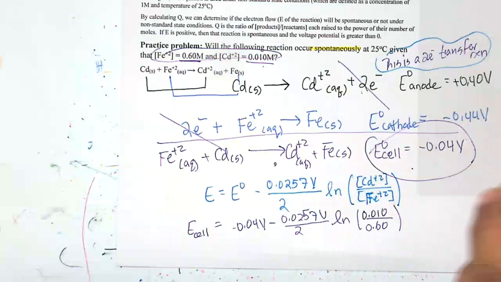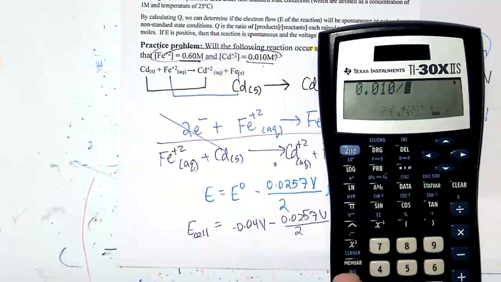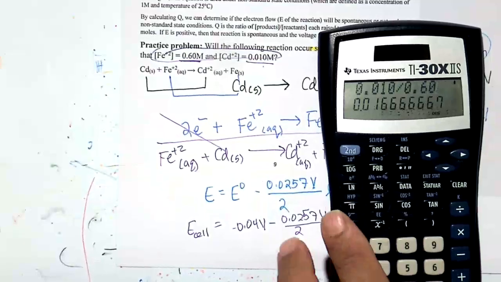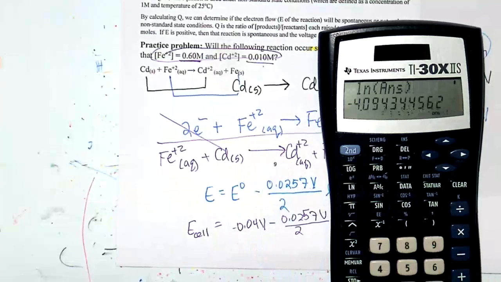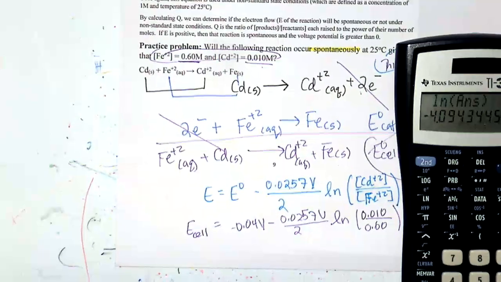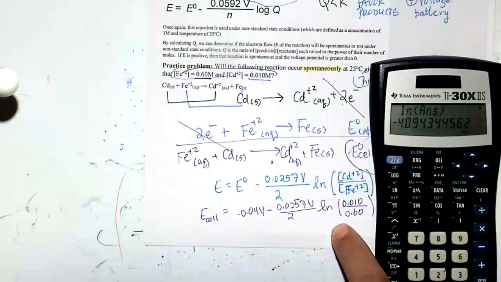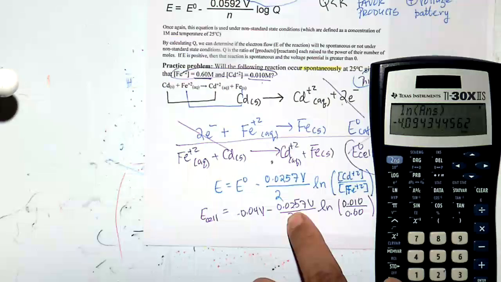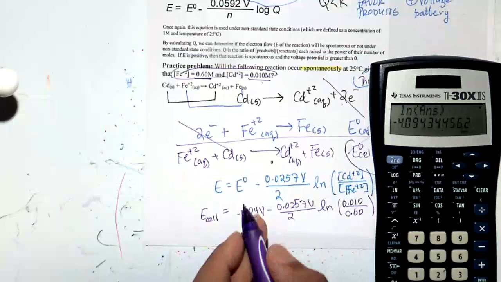All right, 0.01 divided by 0.6, and we will take the natural log of it. Natural log of this is this crazy number. Natural log of that times negative 0.0257. I want everyone to pay close attention. Times, not a positive, but what?